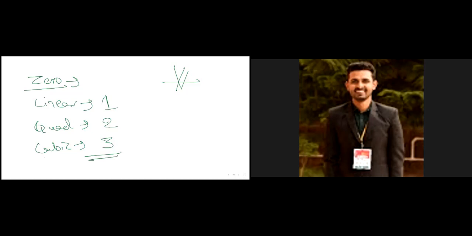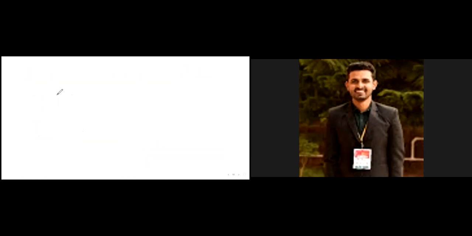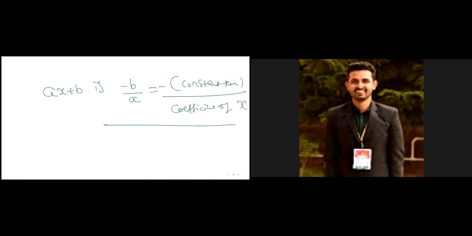A cubic polynomial can also have two zeros or one zero. Also, a quadratic polynomial can have 0, 1, or 2 zeros. And the zero of a linear polynomial, having general form ax plus b, is minus b by a, that is, minus of the constant term divided by the coefficient of x. Okay, we have discussed finding zeros of polynomials.